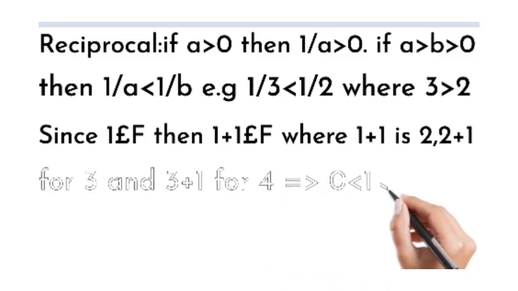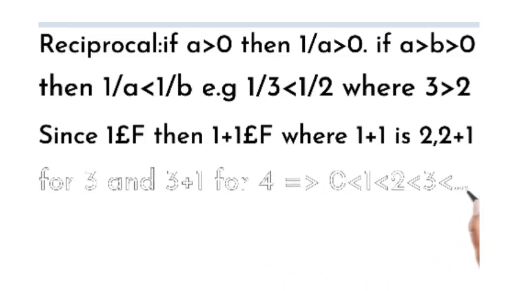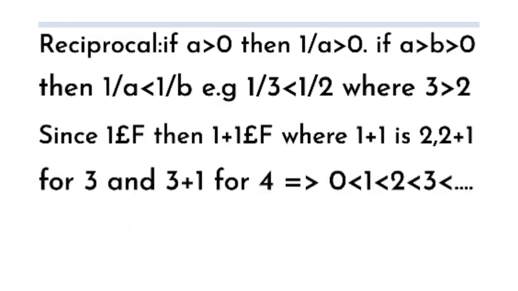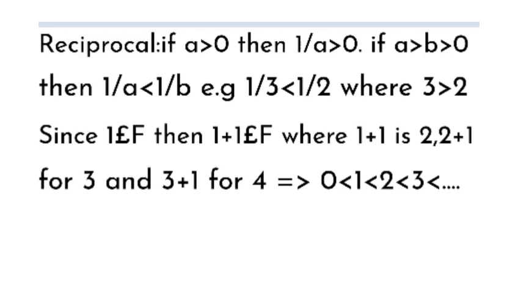So let's consider the identity element 1. If 1 is in F, this means that the addition 1 plus 1 is also in F, which gives us 2. Also 2 plus 1 exists in our field, which is 3, and 3 plus 1 also exists in the field, which is 4.